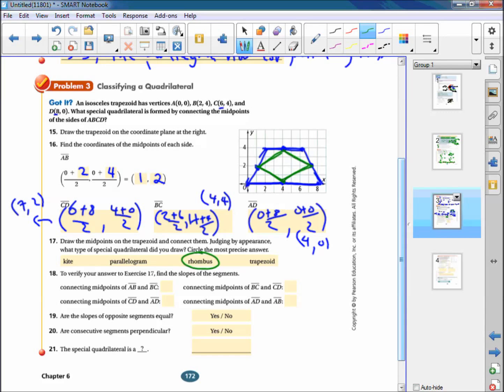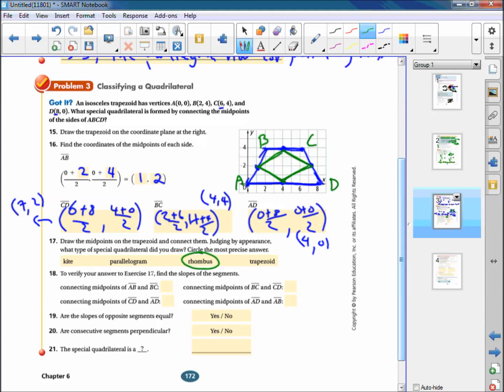Okay. All right. So first we're going to prove that it's a parallelogram by finding the slopes. So let's see. Verify your answer. Find the slopes of the segments from AB to BC. So I should probably put some of these vertices on here. So we had A at 0, 0, and B at 2, 4, and C at 6, 4, and D at 8, 0.